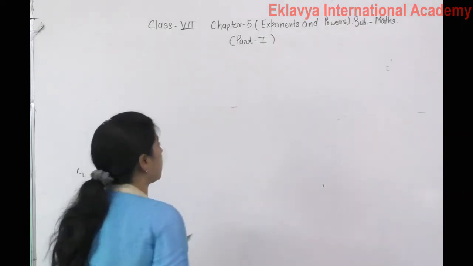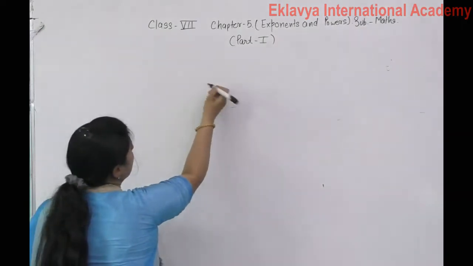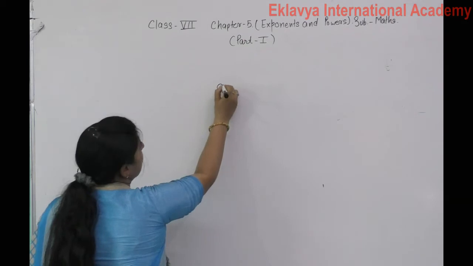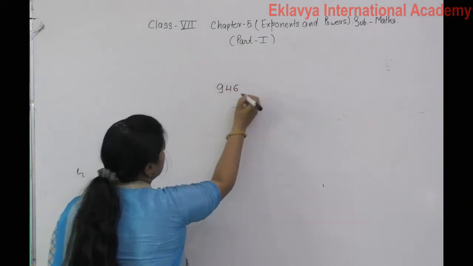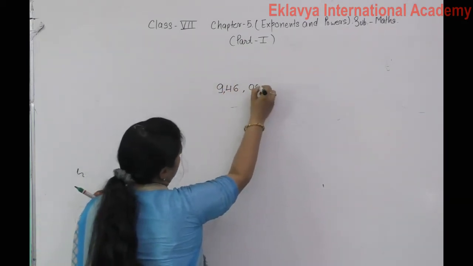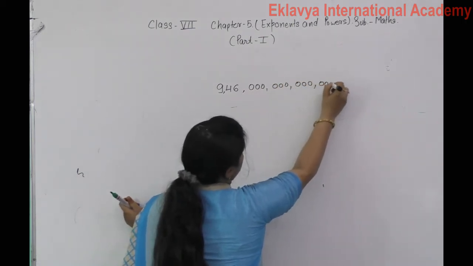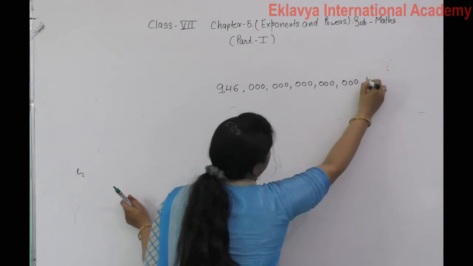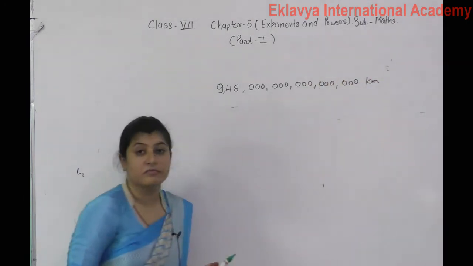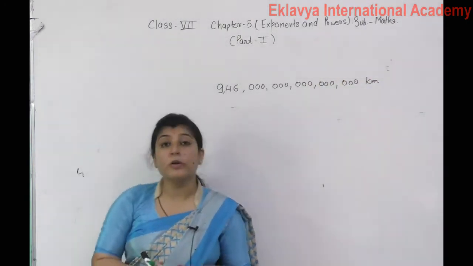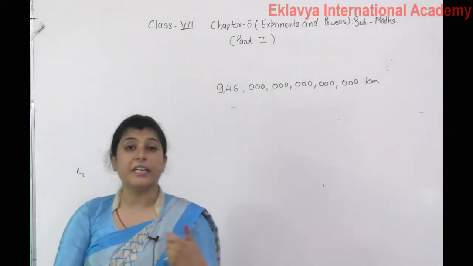There is the Milky Way galaxy width like this, 946. If we want to read it, it is very difficult for us.